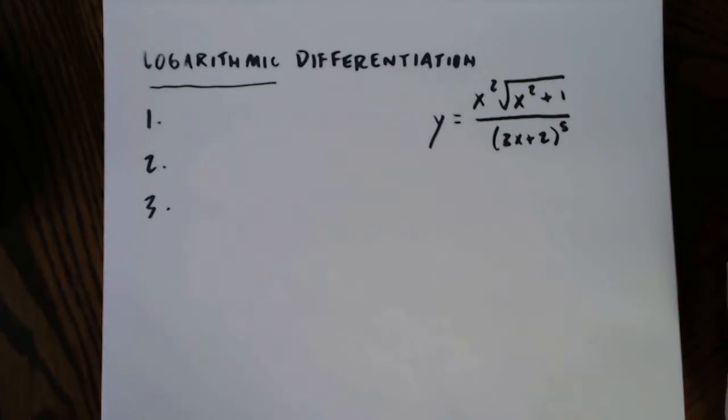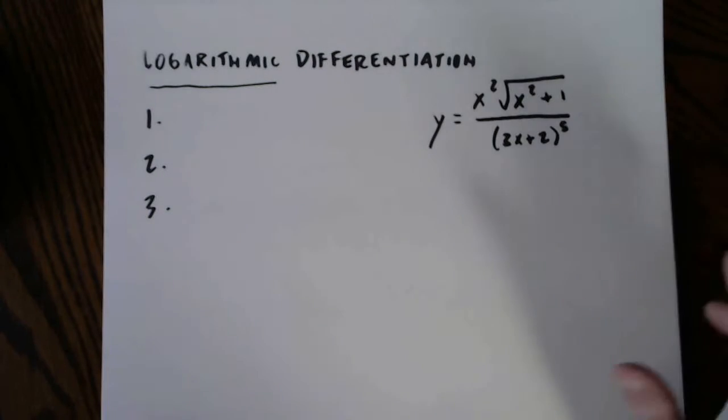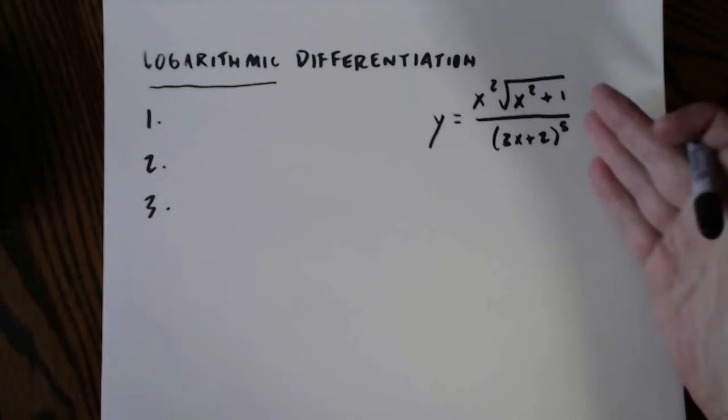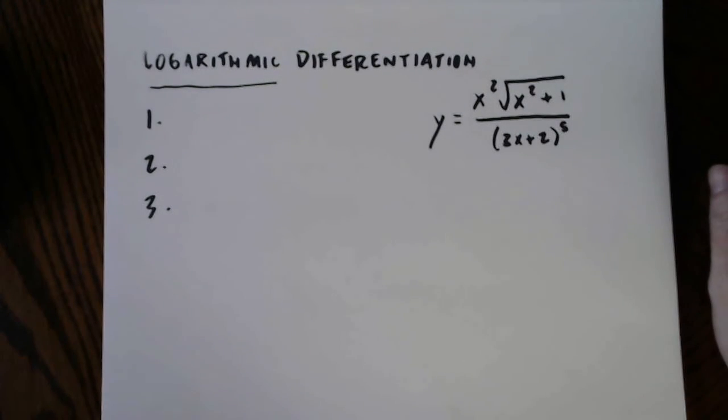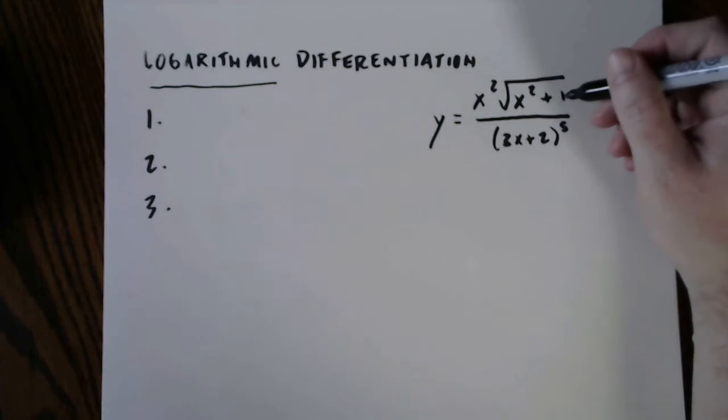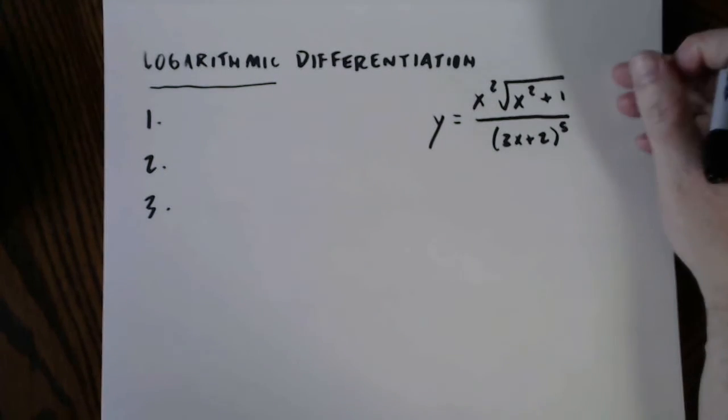Okay, we want to take a derivative of this thing. So let's think about how you would do this as of today, as of this moment. When you think about the layers, you'd start with a quotient. Then when I take the derivative of the top, there's a product in there and even a chain rule with this root. Take the derivative of the bottom, there's a chain rule.